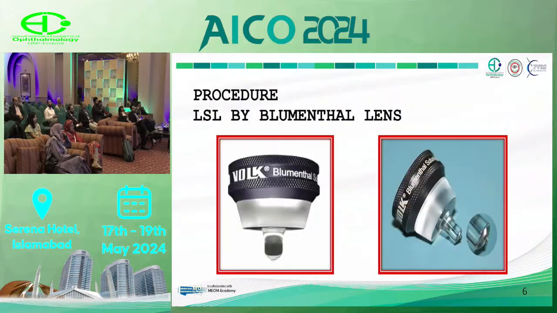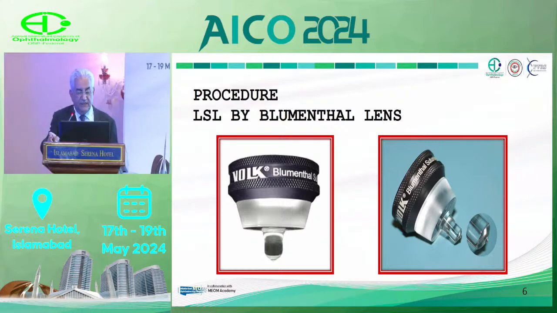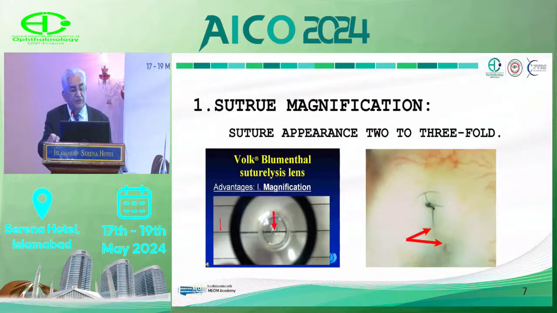So again, how do we do it? People use different kinds of lenses, but I have used a blue menthol lens which works in my hand. Our old friend Professor Nakash, who died, bought this lens and then I used it, borrowing it from him, and it has certain qualities that suit me.